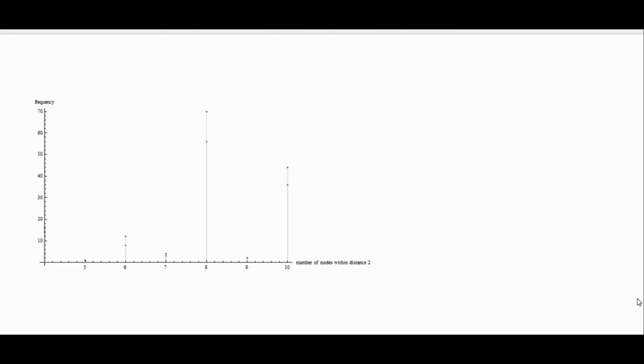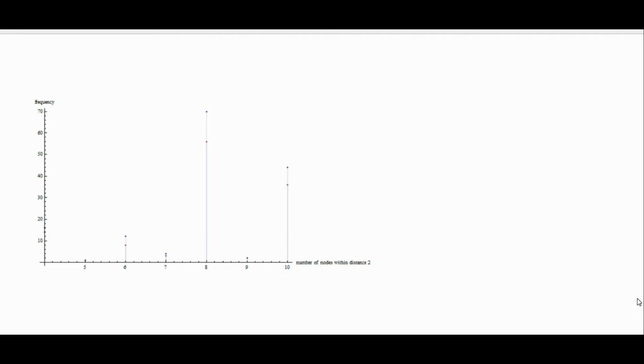And to make these plots, what we did is we looked at each vertex and we determined the sizes of the two balls, as in the number of vertices within 2 hops of each of those vertices, and tallied them up.